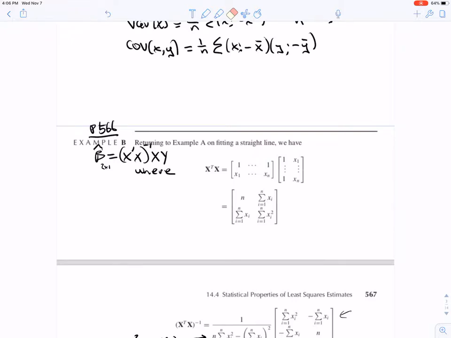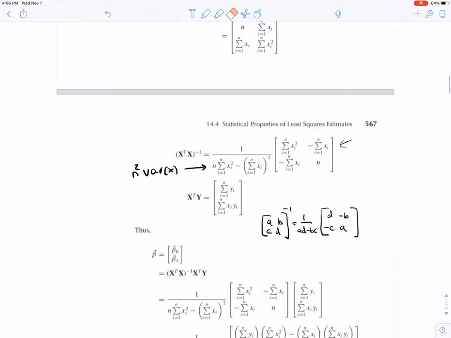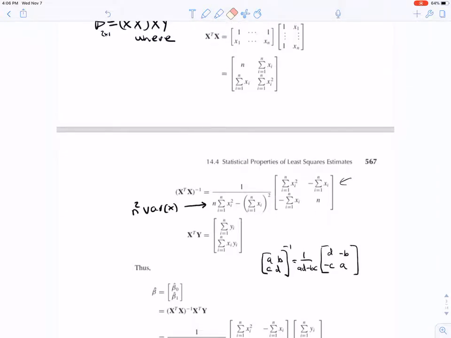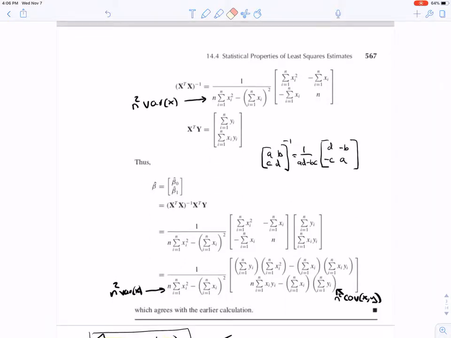In that case, X transpose X is a 2 by 2 matrix, and noting that the inverse of a, b, c, d is 1 over the determinant times the diagonals get swapped, and the off diagonals are negated, we can see what X transpose X inverse is for us, and then we can see what X transpose X inverse X transpose y is, so that is here.